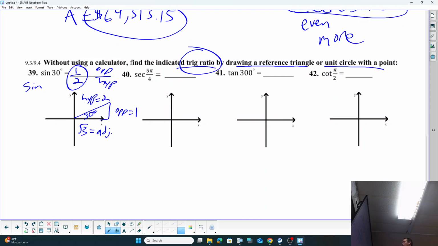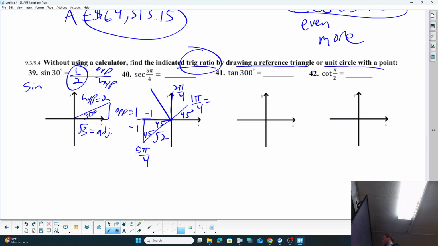Secant of 5 pi over 4. So that's 1 pi over 4, 2 pi over 4, 3 pi over 4, 4 pi over 4, there it is, 5 pi over 4. So that's down here. And pi over 4 is roughly what, 45 degrees? So this will also be 45 degrees, and it's a 45, 45, 90, with 1, 1, radical 2, negative, negative.